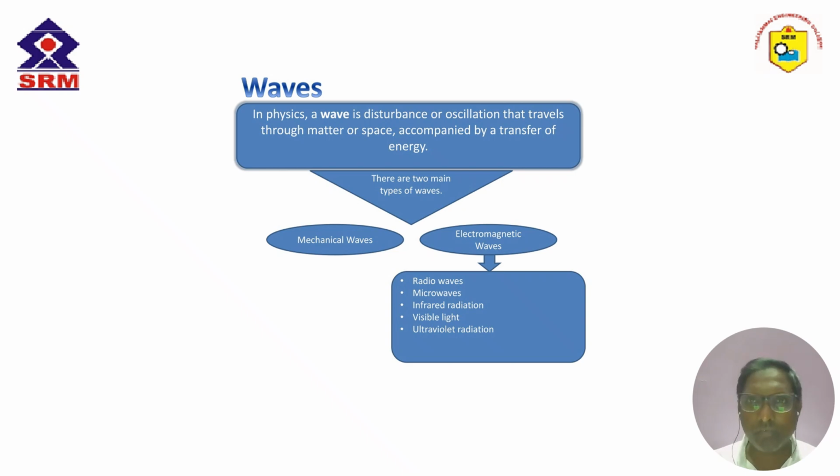In our subject, we are dealing with EM waves, therefore I will concentrate on EM waves only. Electromagnetic waves are classified as radio waves, microwaves, infrared radiation, visible light, and ultraviolet radiation. Here we mainly concentrate on microwaves because our topic belongs to microwaves.